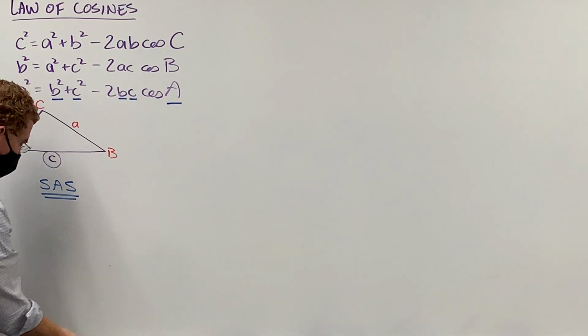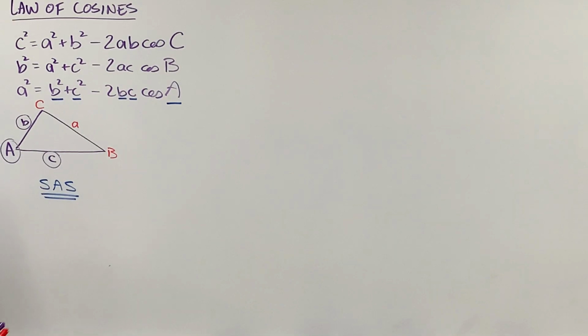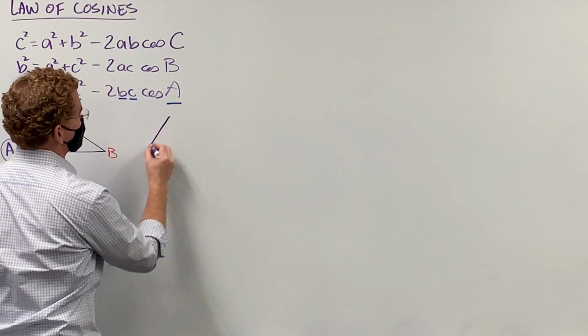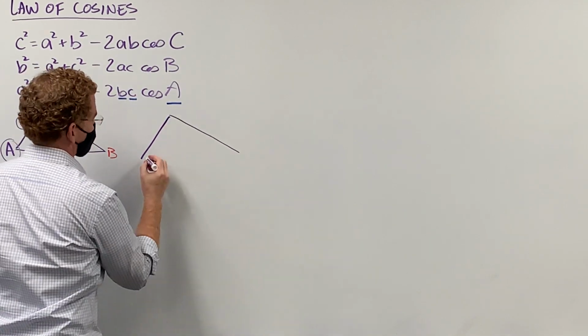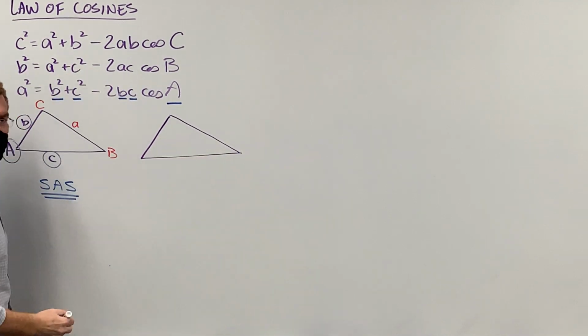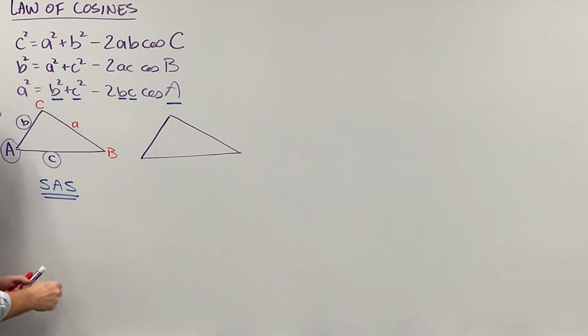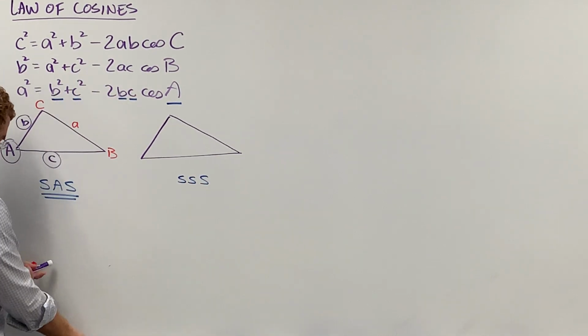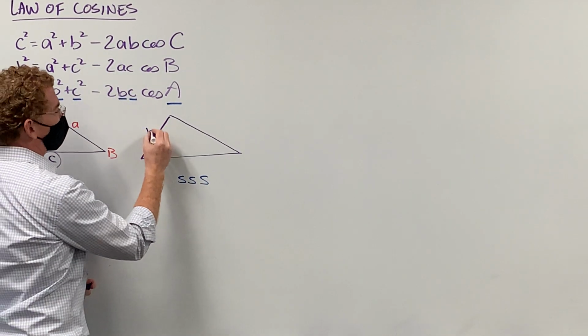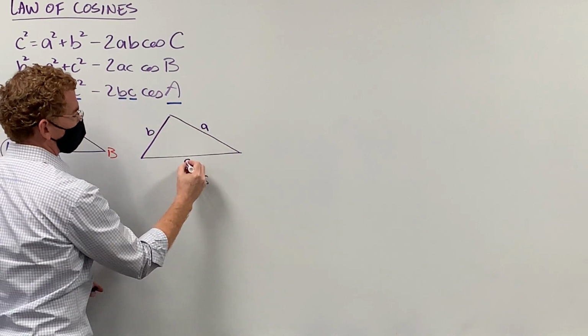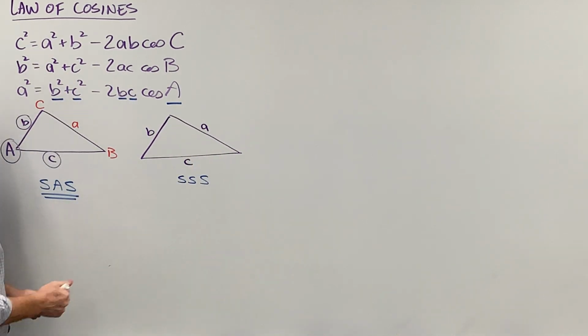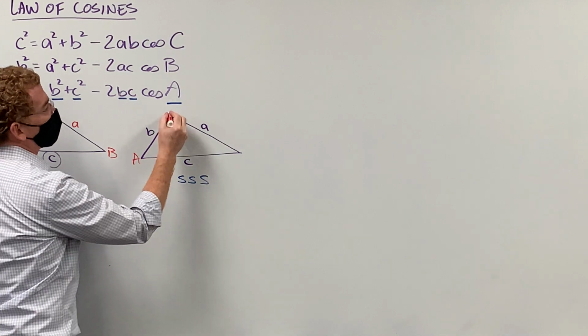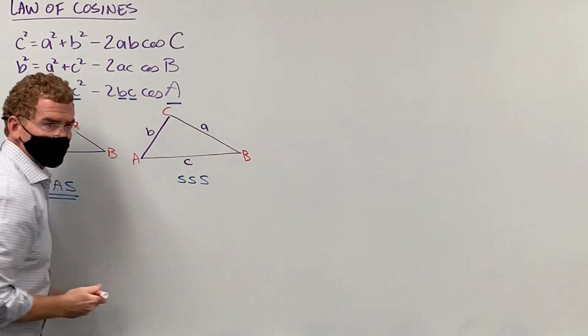Now there's another situation that works great with law of cosines. Do y'all remember it? Side, side, side. So side, side, side, obviously, is when you're given three sides like B, A, and C, but you don't know any of the angles. So I would not know A or C or B, right?